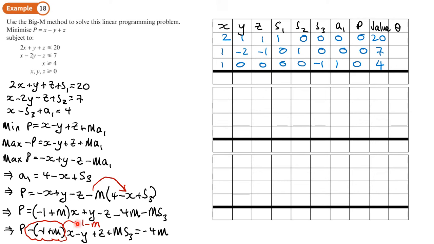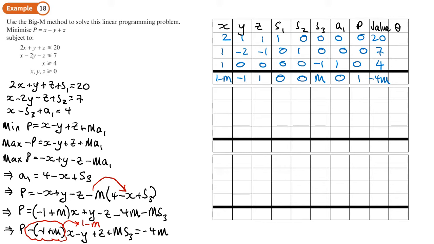Then our objective function here, we've got p, and then the coefficient of x is 1 minus M, and then we've got -y plus z, no S1 or S2, we've got M as the coefficient of S3, no A1, and its value is negative 4M. Right, so our most negative value is going to be this one here, because it's effectively negative M plus 1.